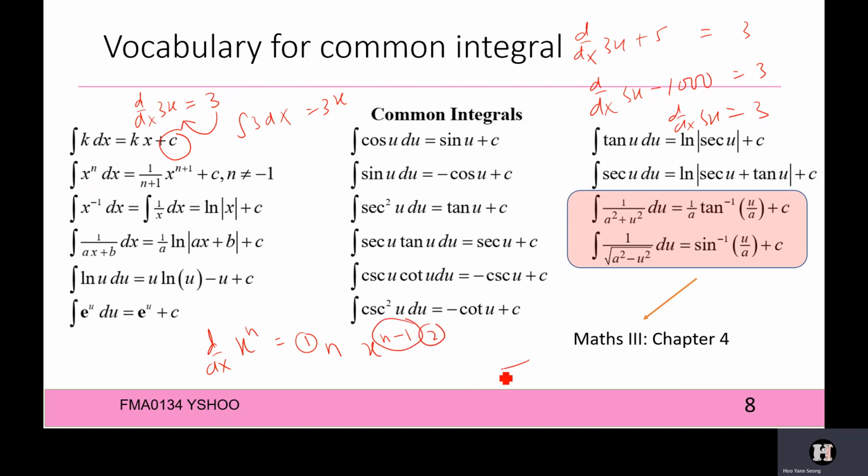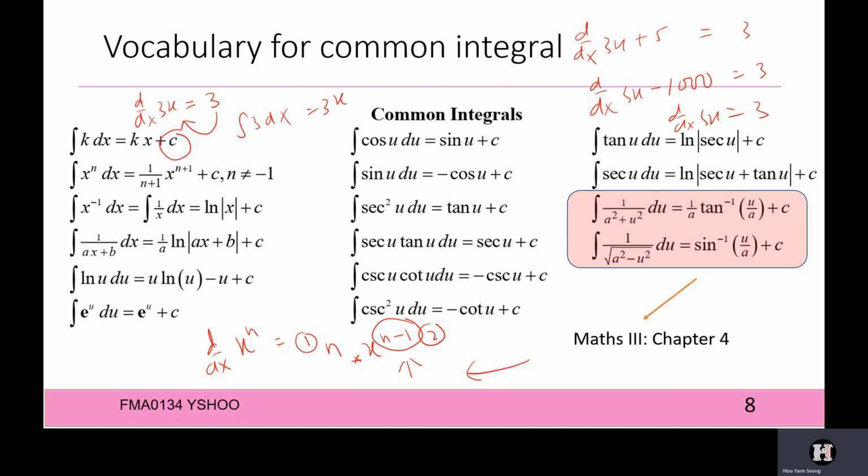But when we do the reverse, this one becomes first, so your power will be plus 1 first. Then the multiplication becomes divide, and divide by what? Just now you added 1, so divide by n plus 1. As you can see, integration is totally the reverse of differentiation, step by step.